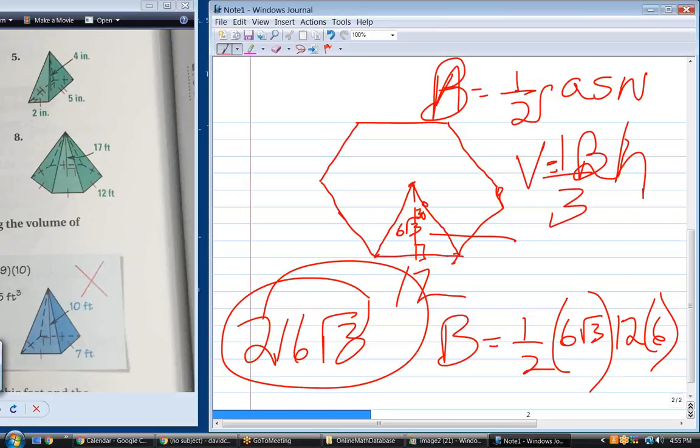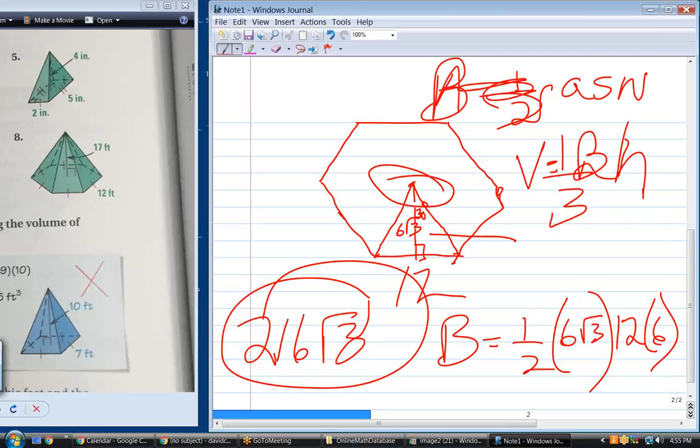I don't even like to say divided by 3. I prefer to say the volume of a pyramid is 1/3 the area of the base times the height. Just like the area of the hexagon was 1/2 times the apothem times the side length times the number of sides. I like putting that fraction up front because you'll forget it less often that way.